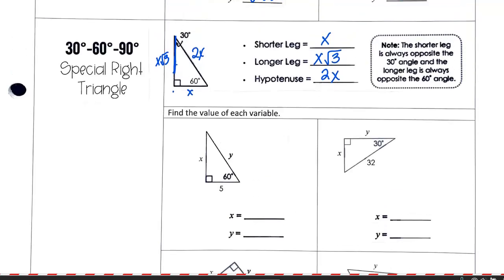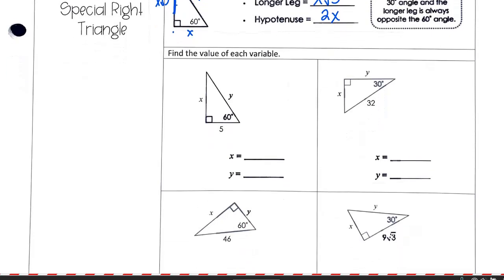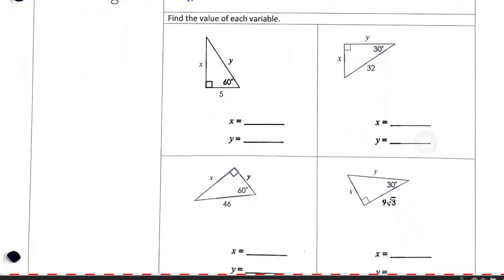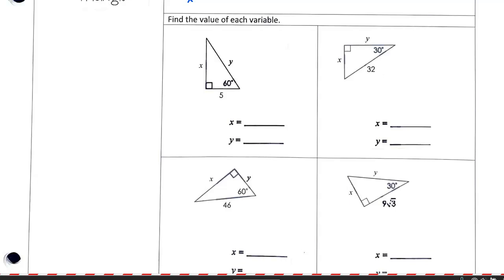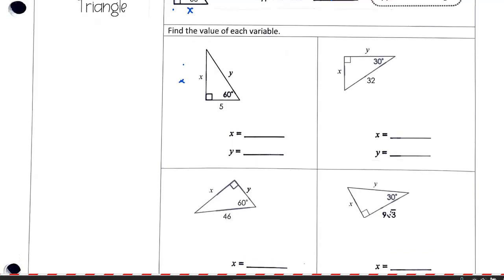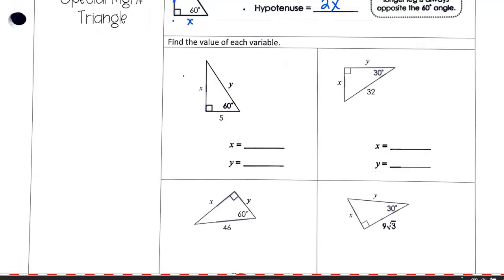So now let's put that together. Let's solve some of these problems. All right, so you want to find the value of each variable. Across from 60 degrees, remember that's our longer one. So this is going to be x square root of 3. I'm just going to write in our ratios. Across from, that means that this is our 30 degrees. That means this is our x, and that means this is 2x.